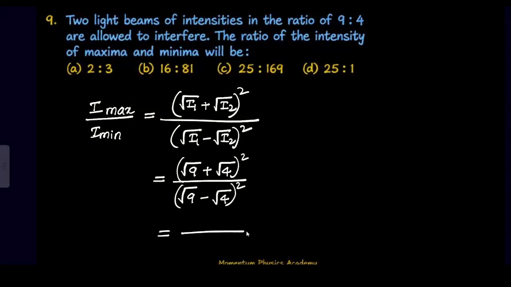How much is the value? 3 plus 2 by 3 minus 2, whole square also. So this value is 25 by 1. Option B.